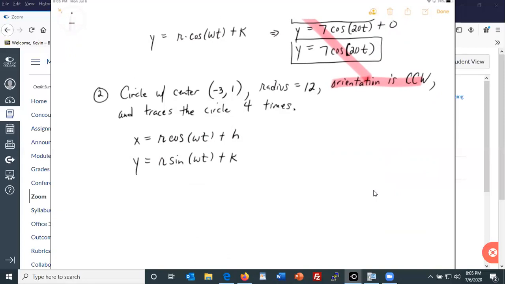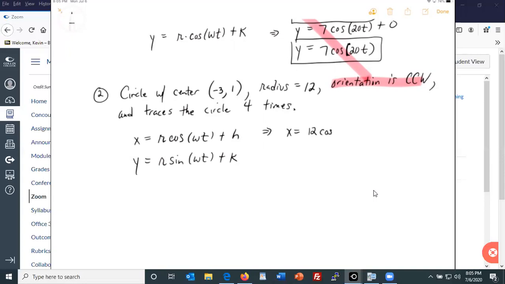So remember, R is the radius, H and K are the coordinates of the center, and W is the number of traces. Simple enough, we would get X equals 12 for the radius. And notice it's not radius squared, it's just radius, so it's not 144.